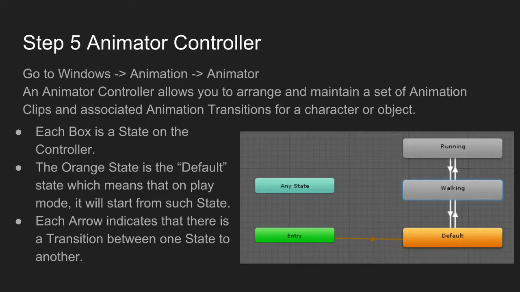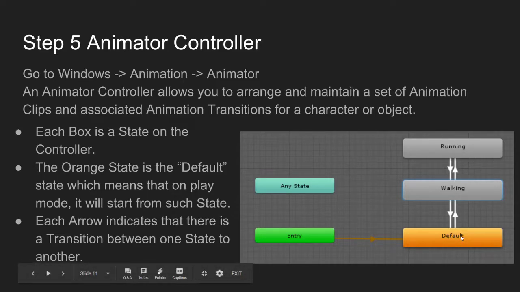So as you can see in this example, you have walking and running. Those are the different states you can be in. And there are some arrows in here, which we call transitions. So if you were walking and then you wanted to change the character to running, you'll probably have some sort of statement that will make you change from the walking state to the running state, and that will trigger the animation to run. As you can see in here, there's a default one.